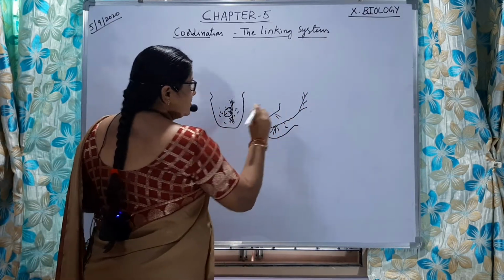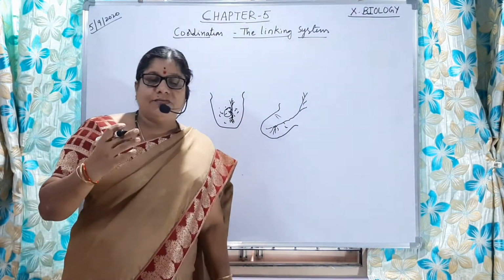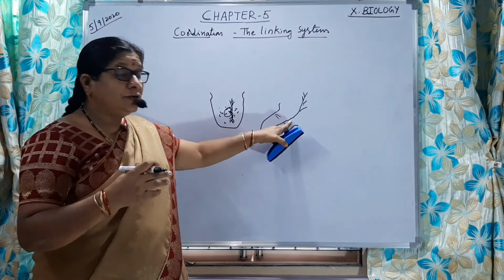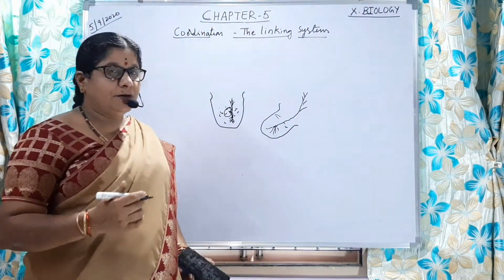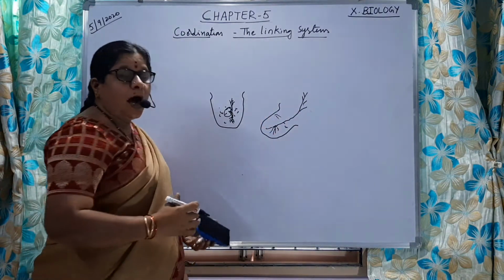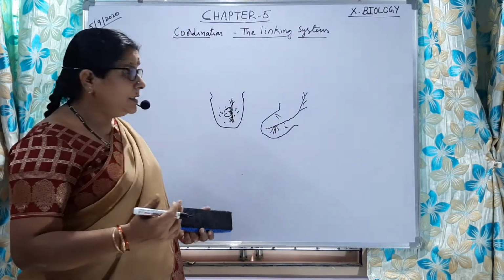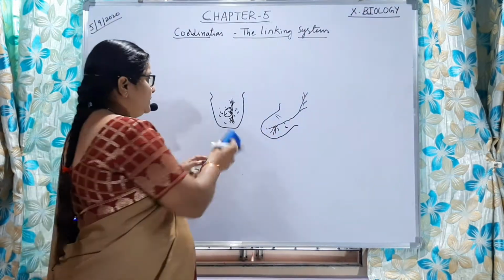The types of movements observed in plants towards stimuli, we are going to discuss in this class. The stem portion is growing above the ground towards light, and the root portion is growing towards the soil.